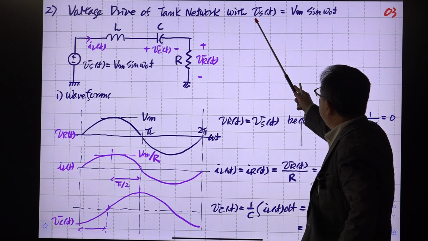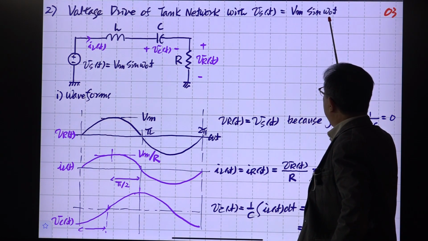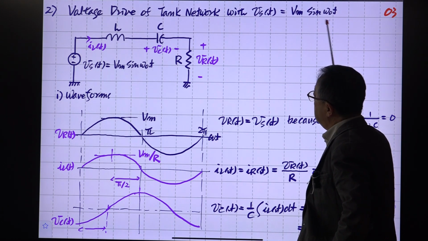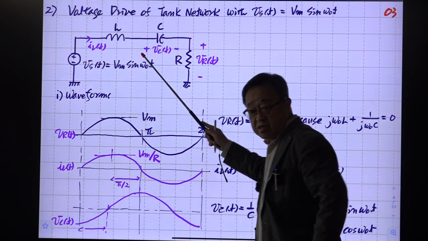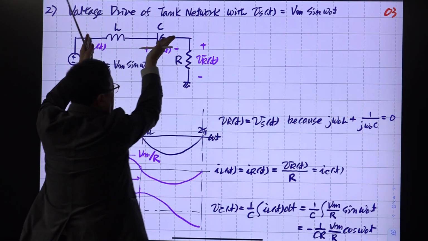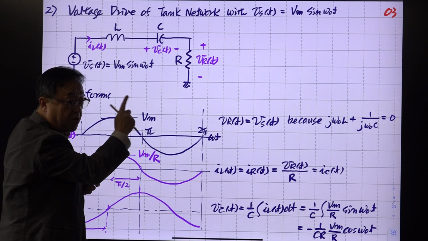Now we are assuming the input voltage is Vm sine omega naught, where omega naught is the resonant frequency. At the resonant frequency, the reactances cancel, so these are zero, as if directly connected at that particular frequency.